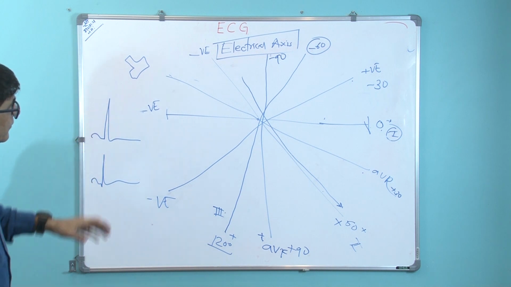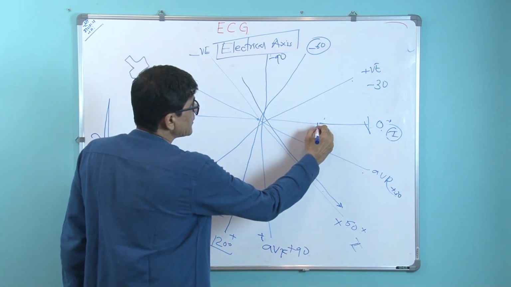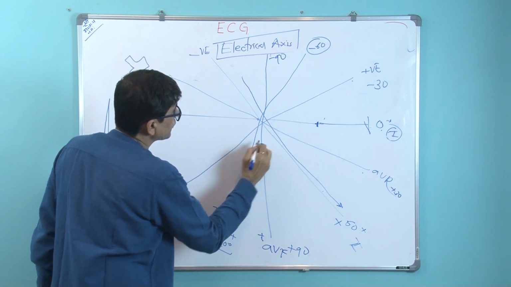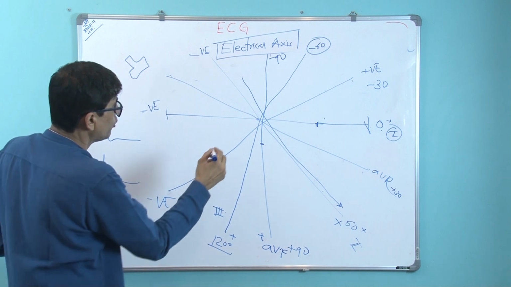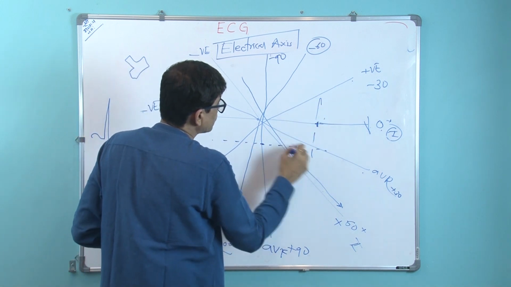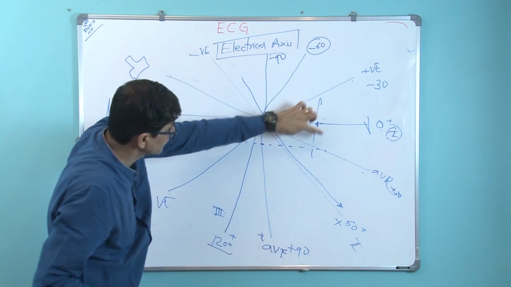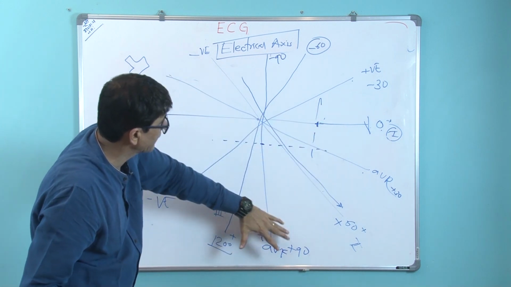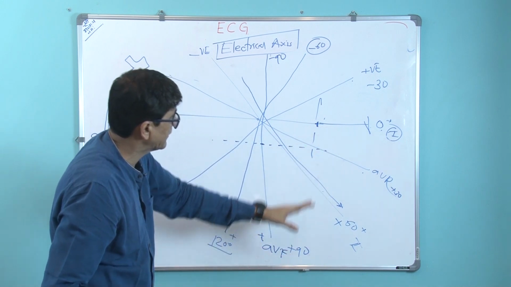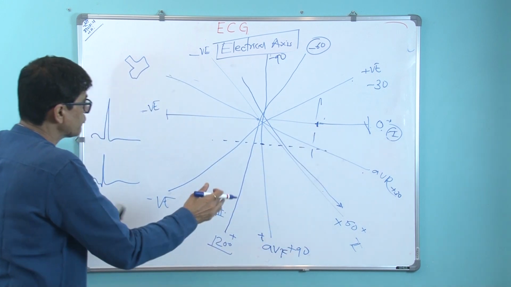This positive will travel here because this is a bigger deflection, and this positive will travel here. So, if I put a line here like this and like this, the axis will be in this zone only, this quadrant, the left lower quadrant. So, the axis will be normal.